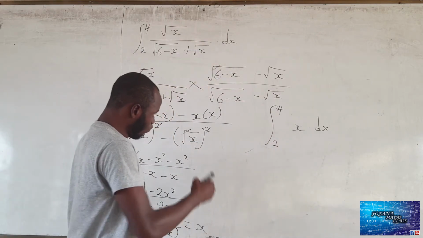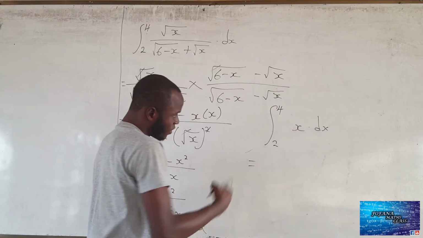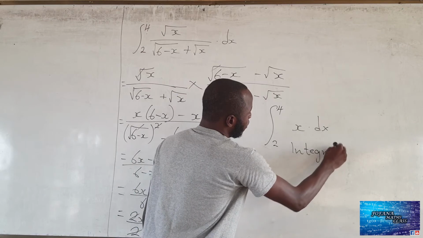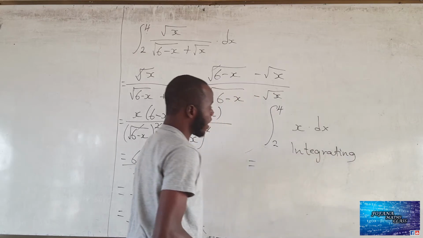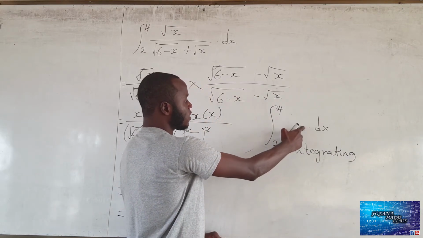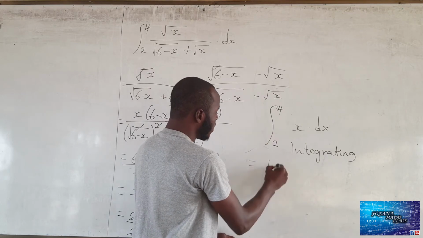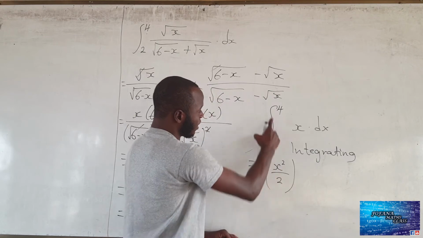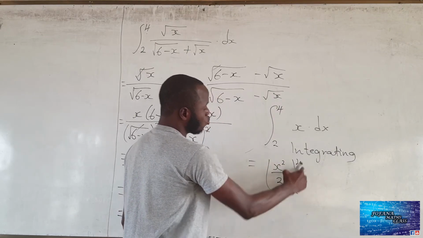Now the next thing is to integrate this. If you have a limit and you integrate x, you will be obtaining x to the power 2 over 2. You close the bracket, then your limits will come from 2 to 4.